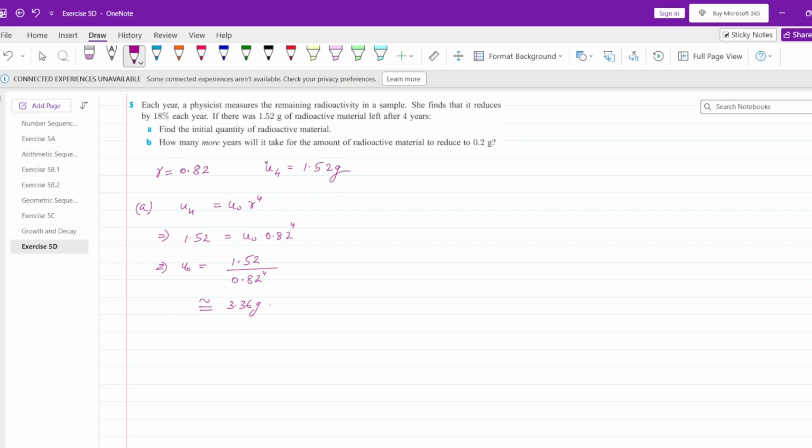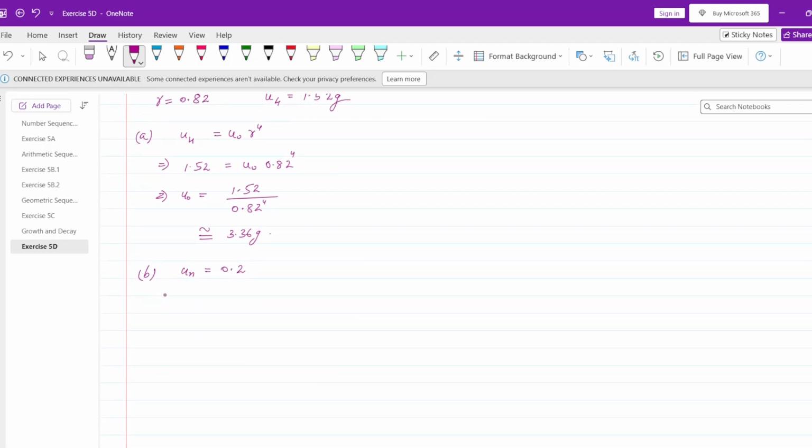How many more years will it take for the amount of radioactive material to reduce to 0.2 grams? So again, Un equals 0.2. Un equals U0 times R raised to the power n, and that equals 0.2. U0 is 3.36 times R, 0.82, raised to the power n equals 0.2.